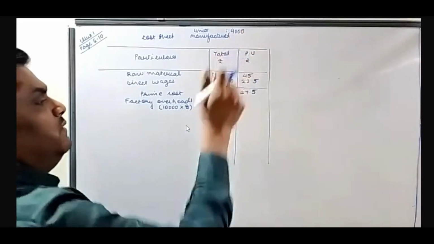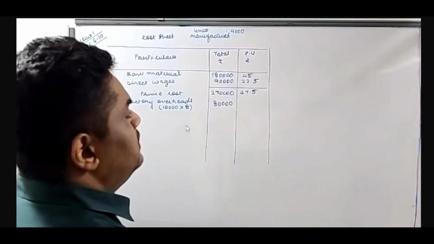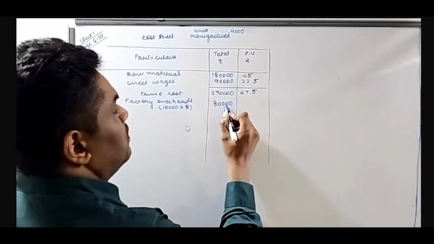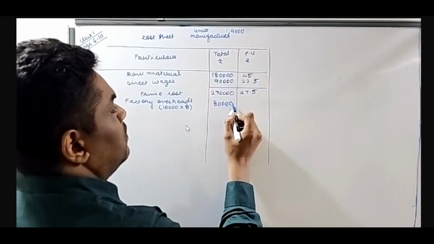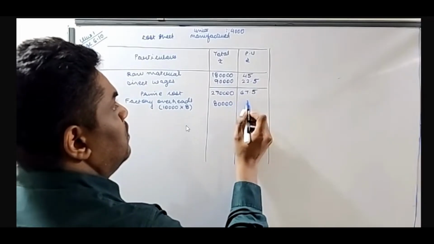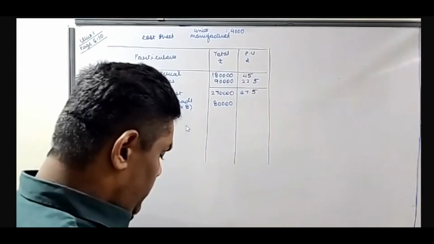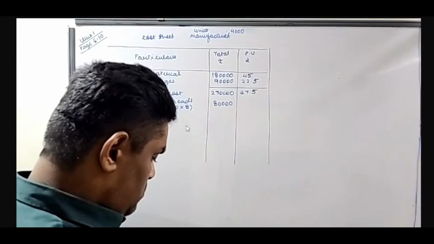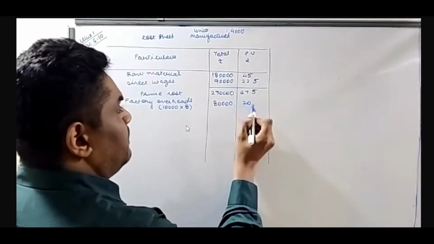So 80,000 divided by 4,000, this will be 20.